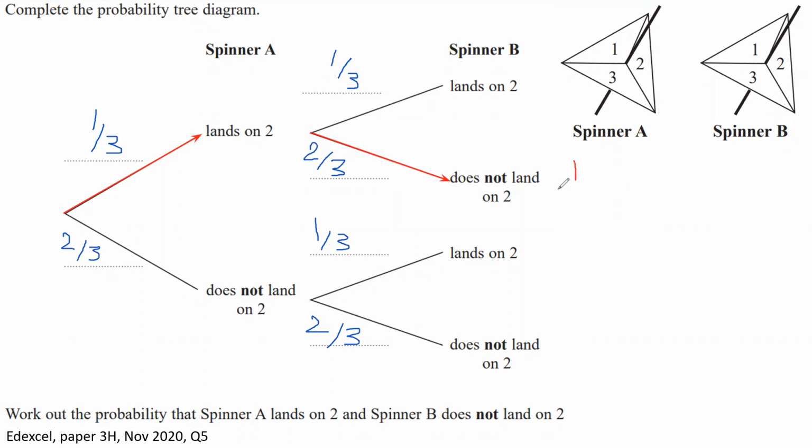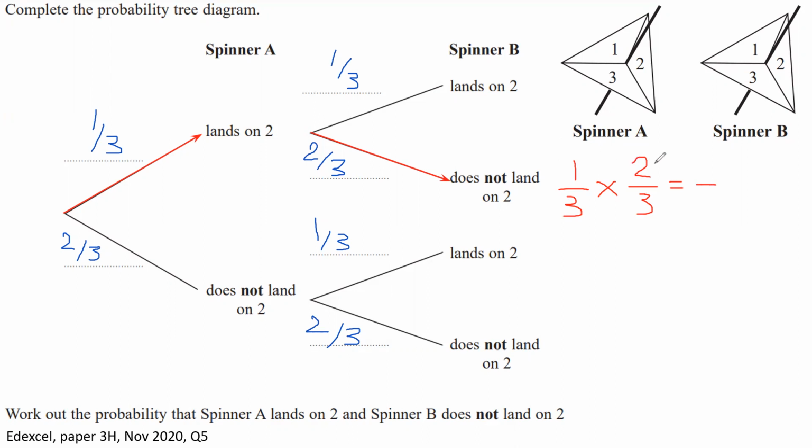So in that case, to get this total probability, spinner A lands on a 2 will be 1/3. And then we're going to times that by the probability that spinner B does not land on a 2, so that will be 2/3. Okay, and if we multiply those together, remember if you're multiplying fractions, it's fairly straightforward. We just times the 2 numerators and then times the denominators.